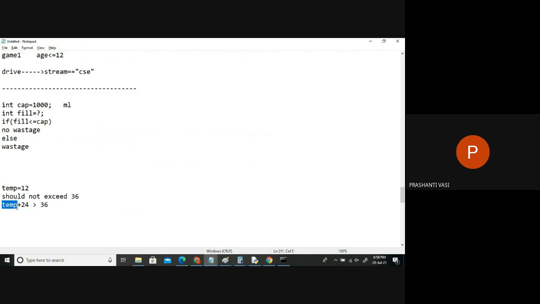If the current temperature after adding is less than or equal to 36, only then should the temperature be increased by this incremental temperature.